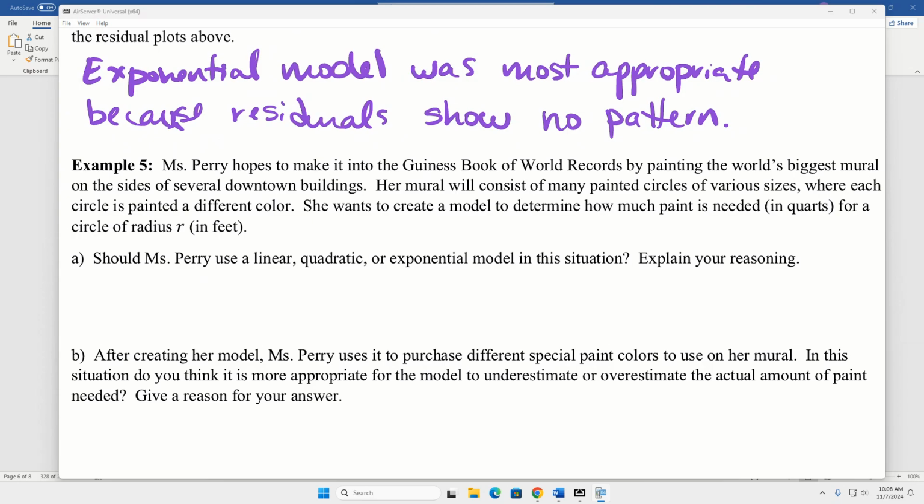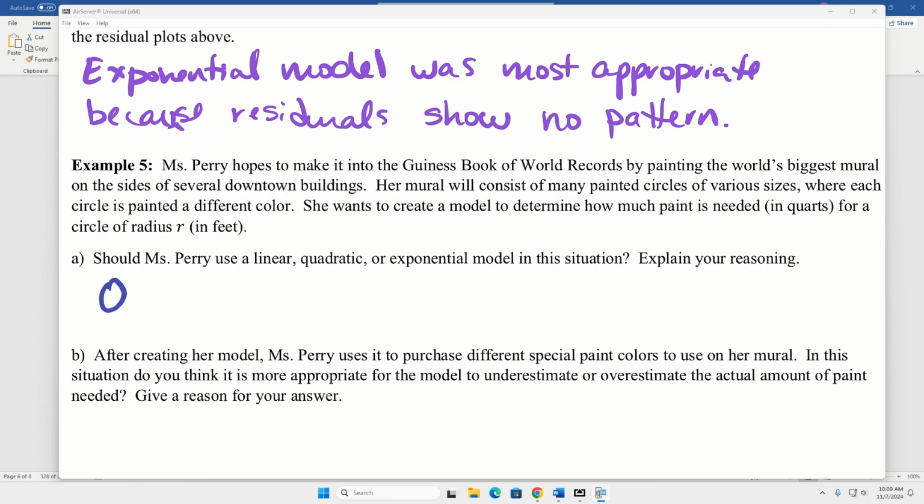Her mural will consist of many painted circles of various sizes, where each circle is painted a different color. She wants to create a model to determine how much paint is needed in quarts for a circle of radius R in feet. Okay, so should Miss Perry use a linear, quadratic, or exponential model?